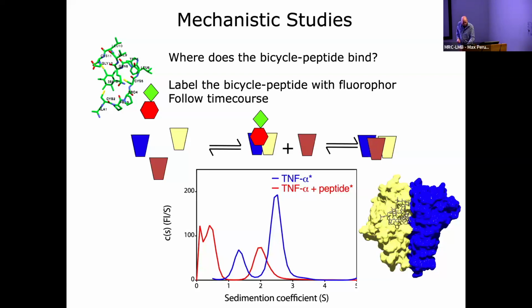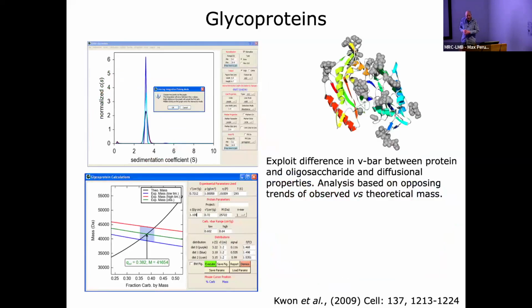Okay, so we can look at really more complex samples like glycoproteins. We won't go into too much detail, but essentially, as Chris was saying on Tuesday, we can exploit differences in the properties between oligosaccharides and proteins. In this case, we're just going to exploit the difference between the Phi bar and the diffusional properties.